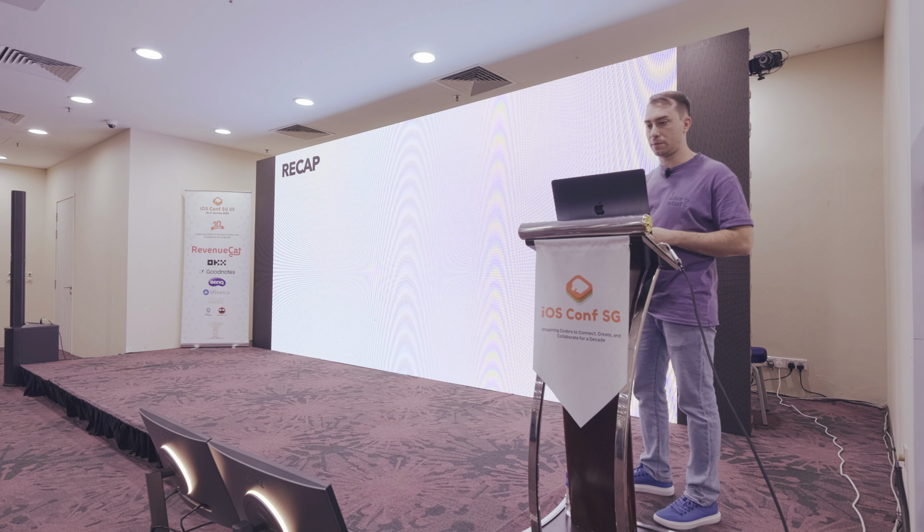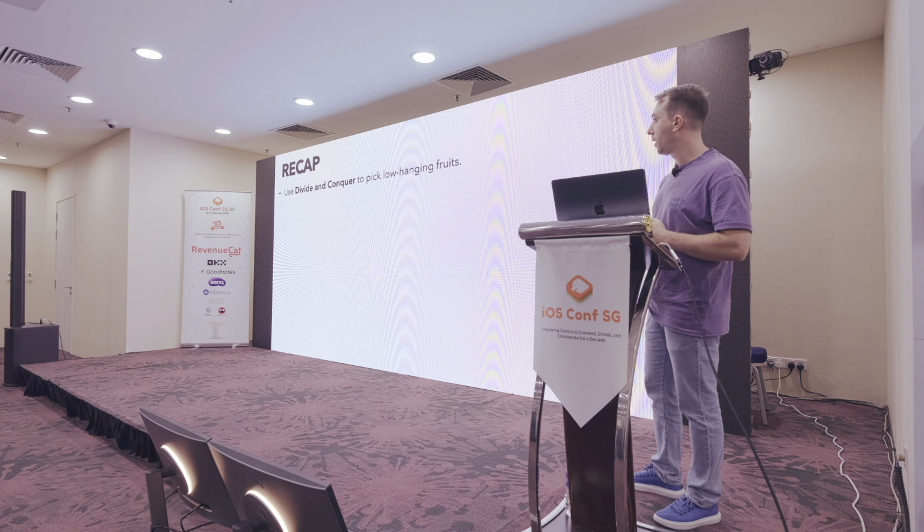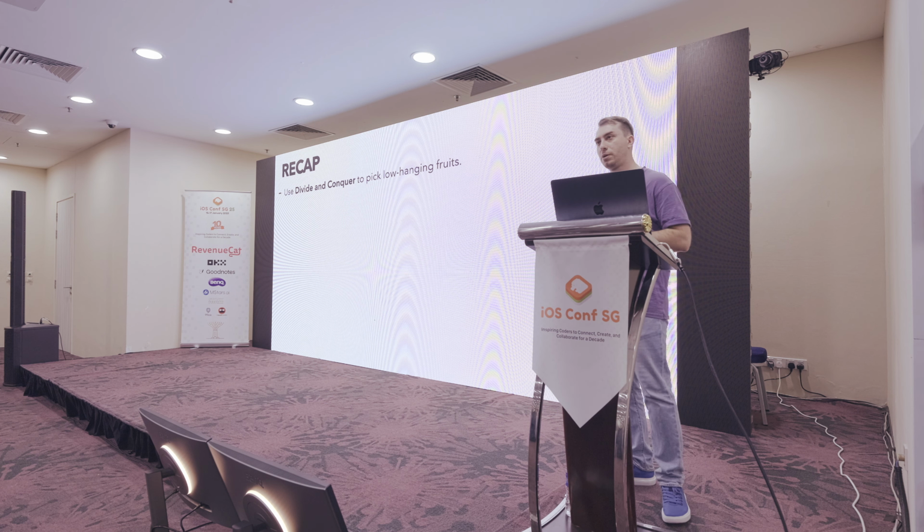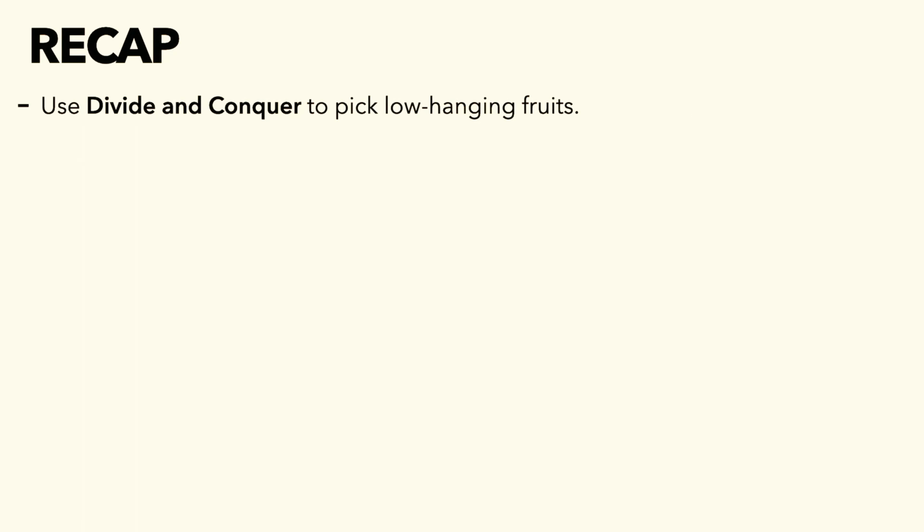So yes, final slide. Let's recap. We started with very simple and familiar techniques such as divide and conquer and dependency injection. Again, if you walk out from this talk with only one thing, let it be this: next time you want to extract some piece of code, don't use some subjective or arbitrary metric like my function shouldn't be more than 3 lines of code, or my function should do one thing, who knows what this one thing is.